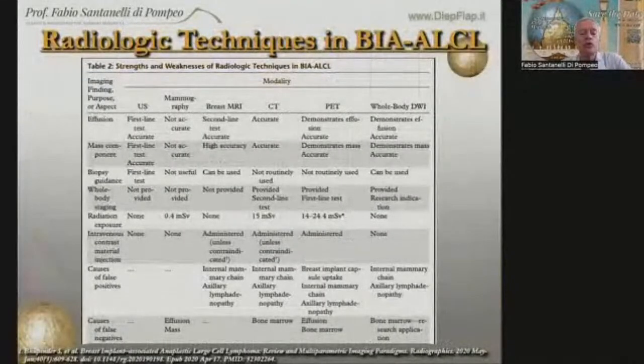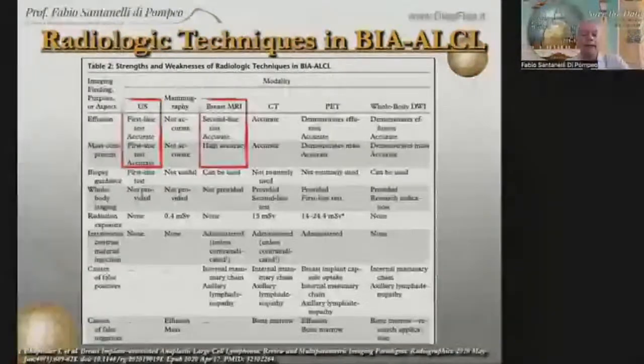Now, if we want to compare and see the strengths and weaknesses of all of the radiology techniques we have investigated for BIA-ALCL, we can say that ultrasound should be the first line test for effusion and mass identification, also because it can provide immediate sampling by fine needle aspiration.